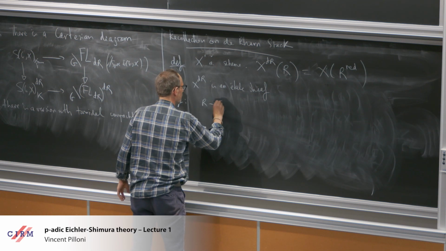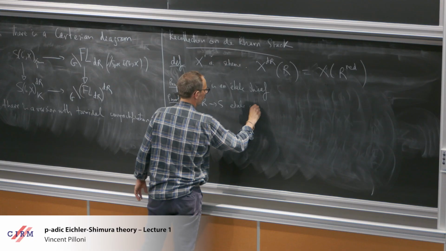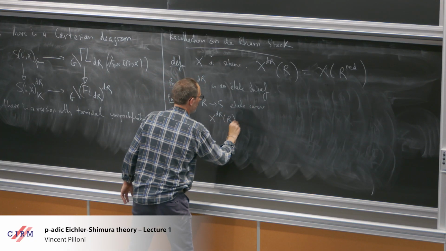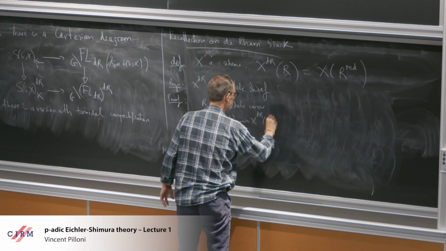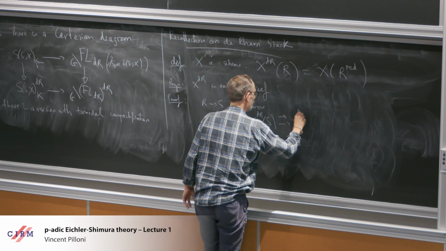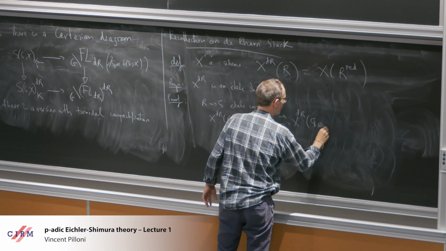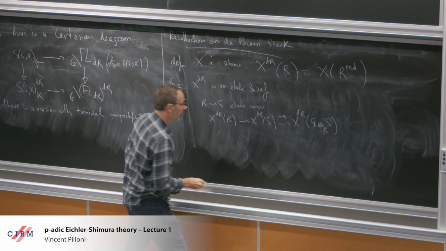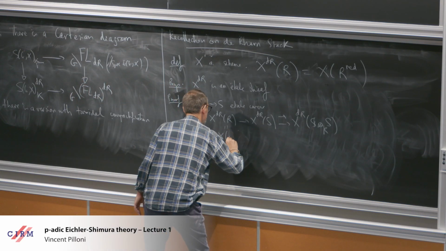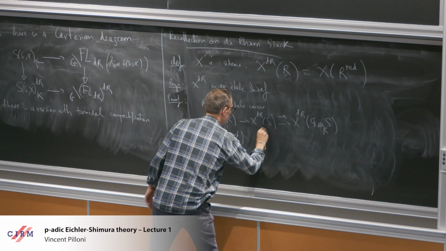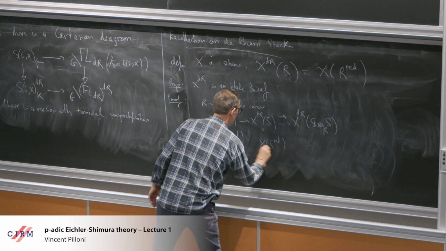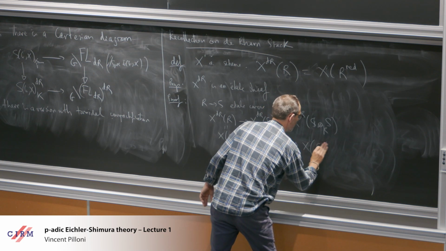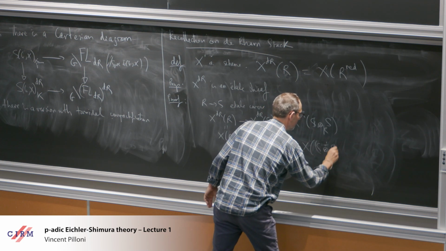Let's take R to S be an étale cover of rings, and I want to check that X de Rham R goes to X de Rham S goes to X de Rham of S tensor_R S is exact. But by definition this is X of R red, this is X of S red, and this is X of (S tensor_R S) red.